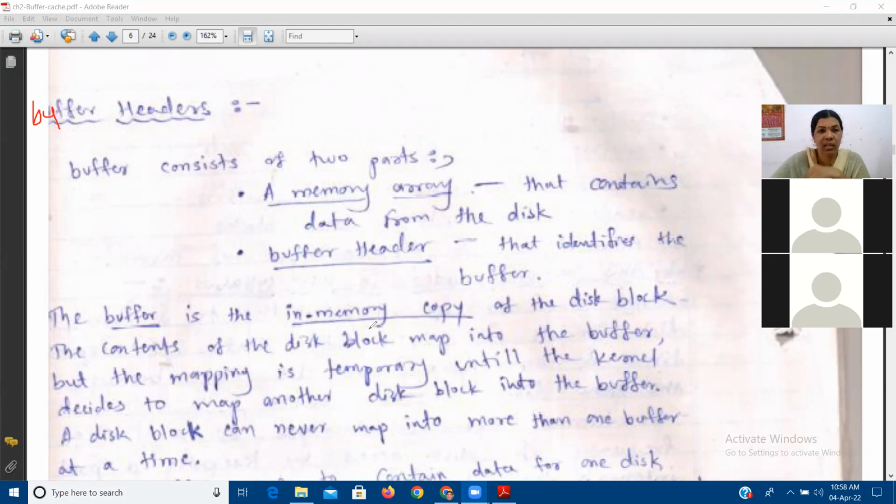So in computer network, you discussed about the concept of header, network header, packet header, right? So each packet is identified uniquely with the help of a header. So header is nothing but the identification. So identification of buffer is stored inside the header.